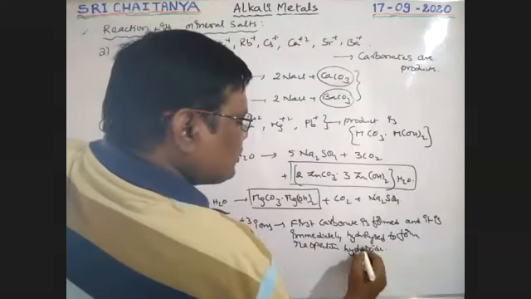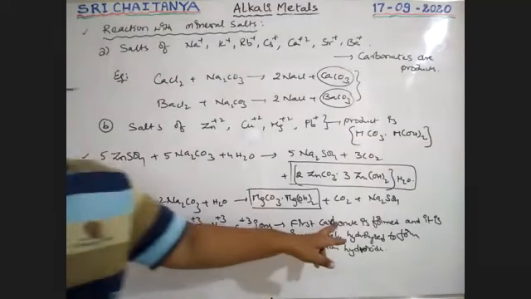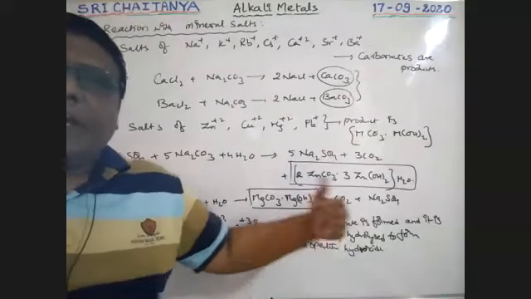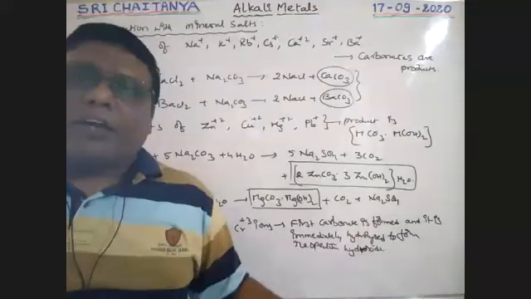Please note down. So first a carbonate product is formed, that is unstable, and immediately reacts with further water and forms the respective hydroxide. Therefore, hydroxide is the final product.